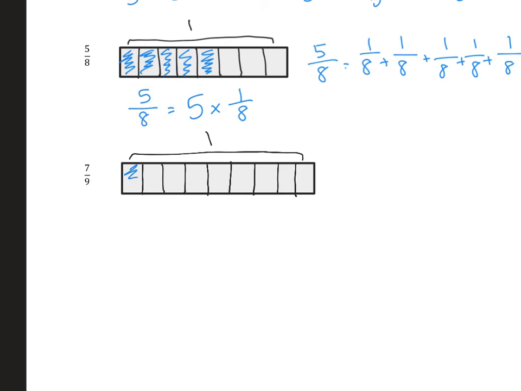And I'm going to shade in 7 units. 1, 2, 3, 4, 5, 6, 7. All right, and then writing that multiplication sentence, 7/9 is equal to 1, 2, 3, 4, 5, 6, 7 copies of the unit fraction 1/9. Okay.